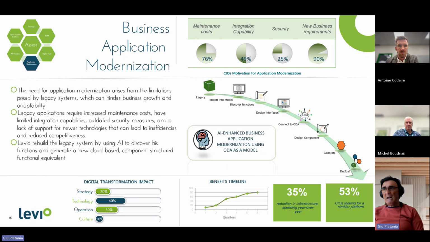One thing again to keep in mind is application modernization is only a part of what we at Levio would like to provide to our customers. That means we can start with strategy and then help the customer do application modernization, or vice versa, and anything in between.